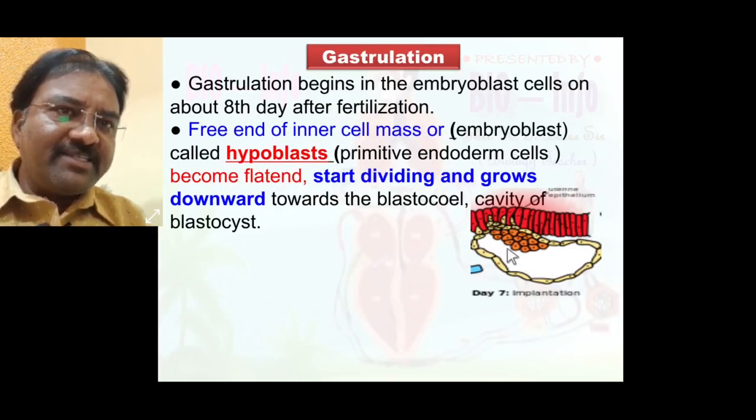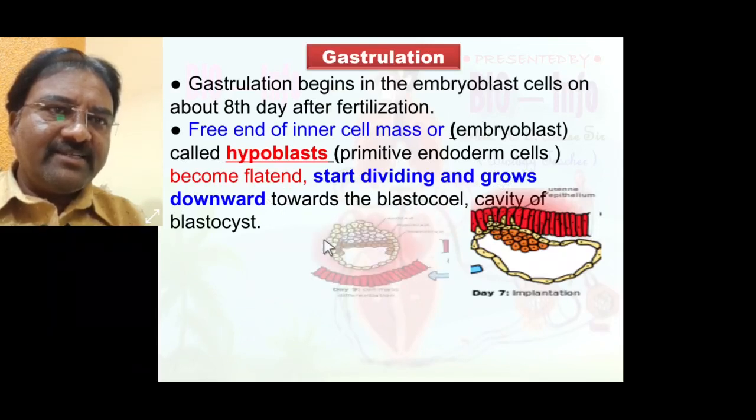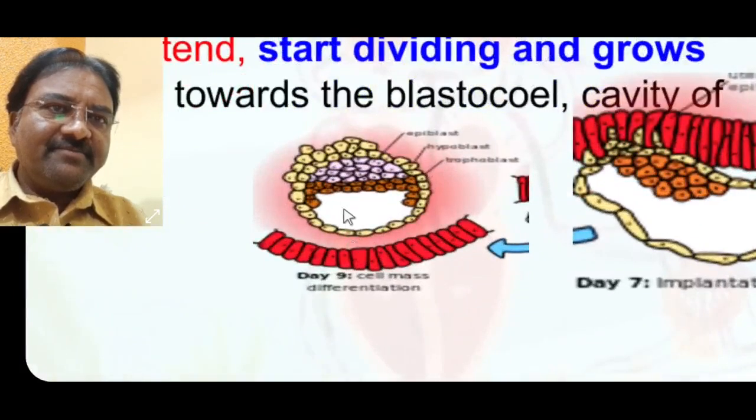Primitive endoderm cells become flattened, start dividing and grow downward towards the blastocele cavity of the blastocyst. Seen here, these red colored cells are hypoblast cells; they start dividing and grow inside the blastocele cavity of the blastocyst.